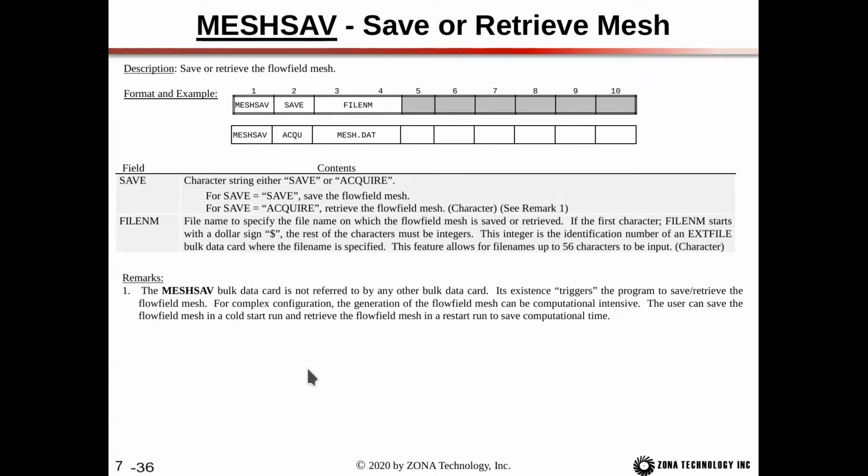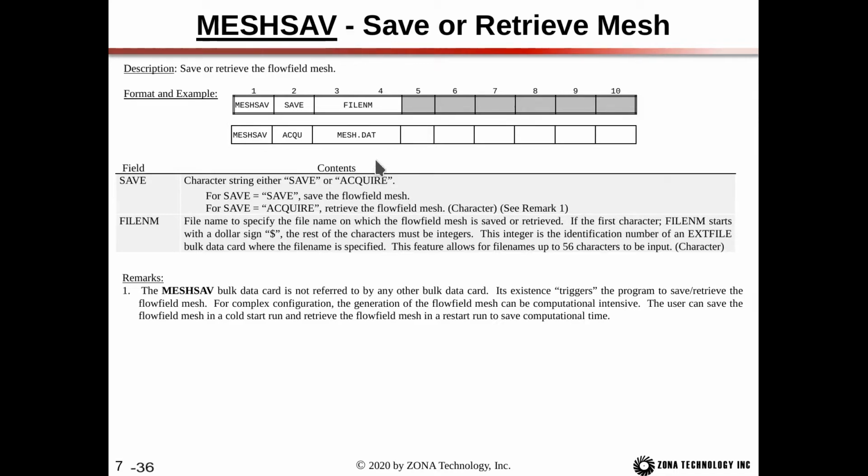If you're finding that the mesh generation module of ZEUS takes too much time, you can use this card to save the mesh once and then retrieve it for all subsequent jobs. You want to be careful using this option though, because there isn't a lot of error checking. If you go in and change parameters of your mesh generation, ZEUS may not catch that, and it will just continue to use the old mesh that you're acquiring.